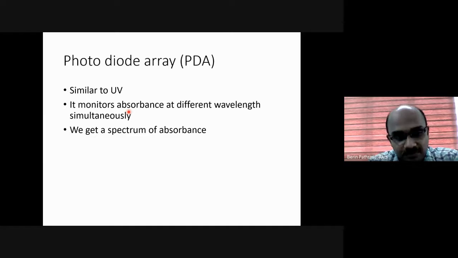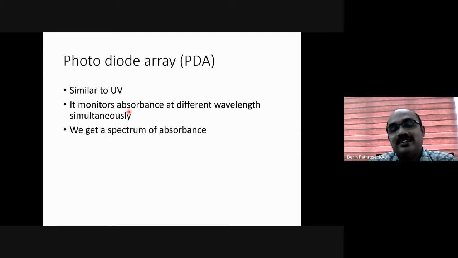Then comes photodiode array detector. The photodiode array detector is similar to UV visible detector, but it has the ability to scan the entire UV visible spectrum.